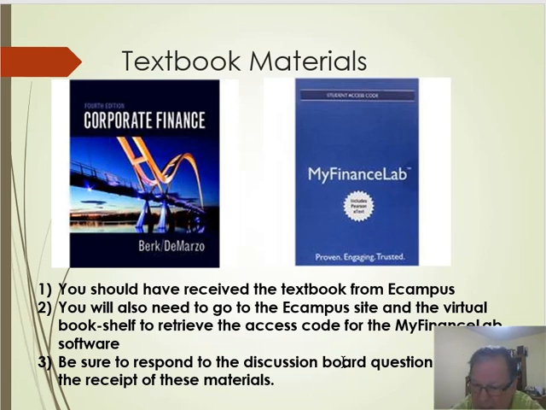I will warn you a little bit. If you have another course that has this MyLab and Mastering software, make sure you use the right access code for the right course. Don't mix those up. Usually not a problem for our MBA students, but it has happened in the past.